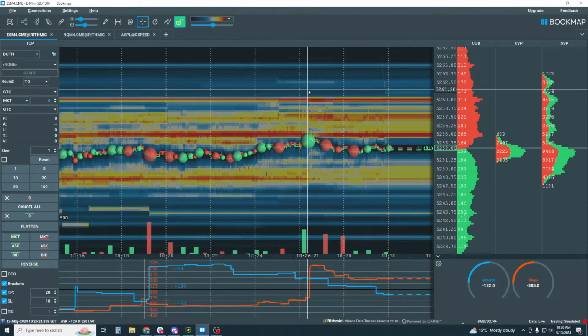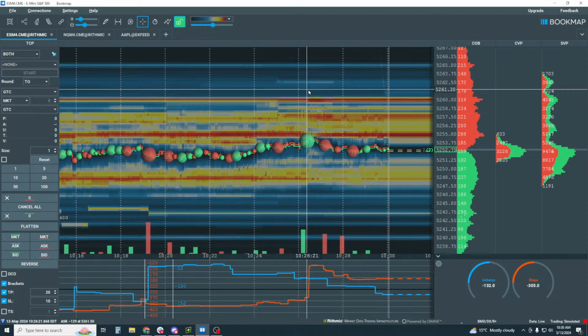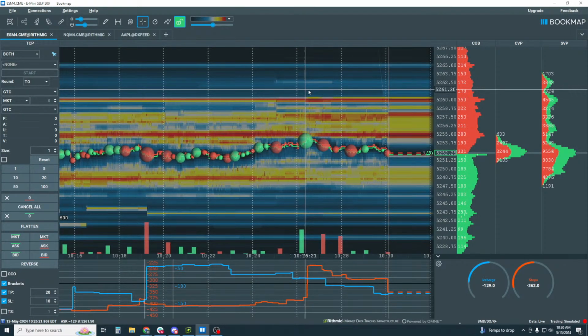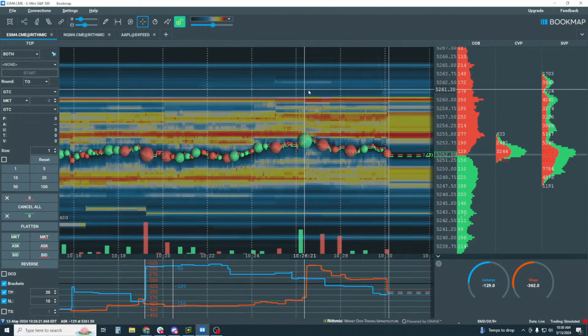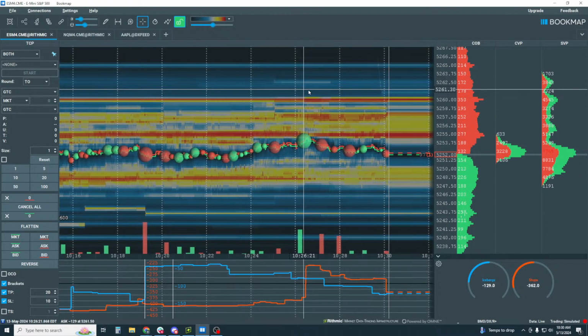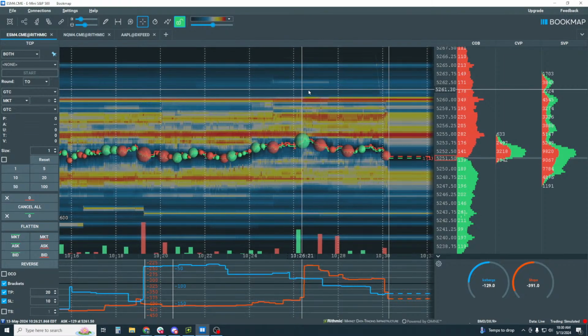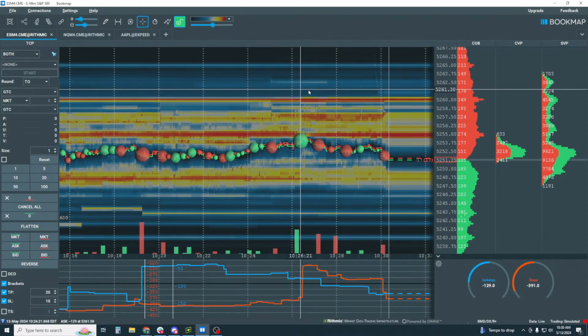So you said, okay, just one general question with the absorption in the view of the market context. If you have large pink square absorbing on the offer, large number, and price doesn't move down, is that a higher probability of a reversal setup?